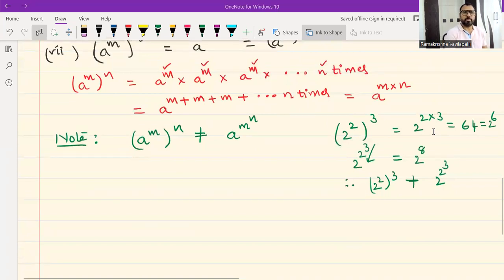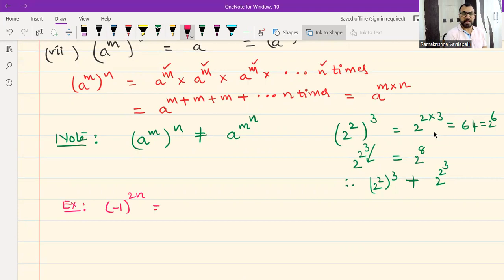I'll give one more example. What is minus 1 whole to the power of 2n? Where of course n is a non-negative integer.